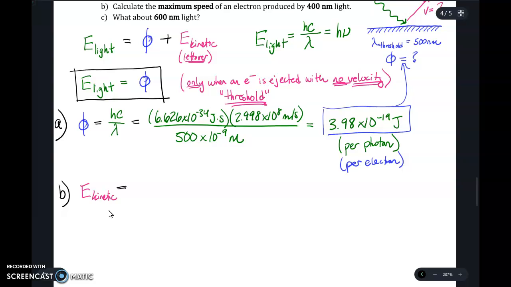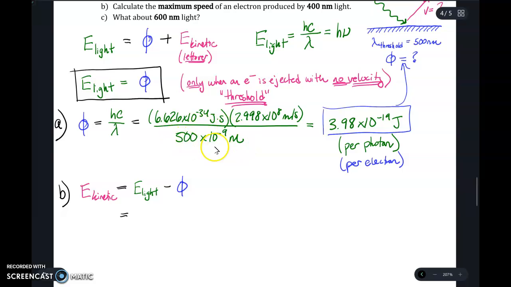So the kinetic energy is going to end up equaling the energy of the light striking the surface minus the work function.